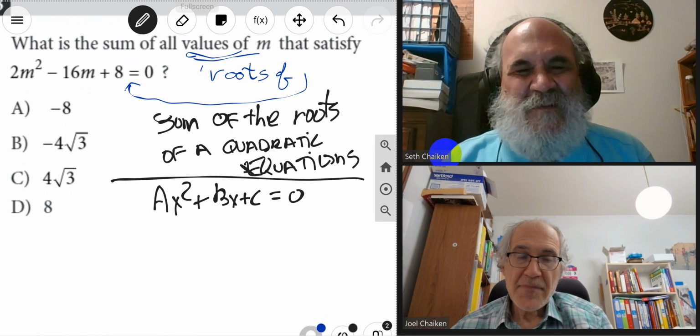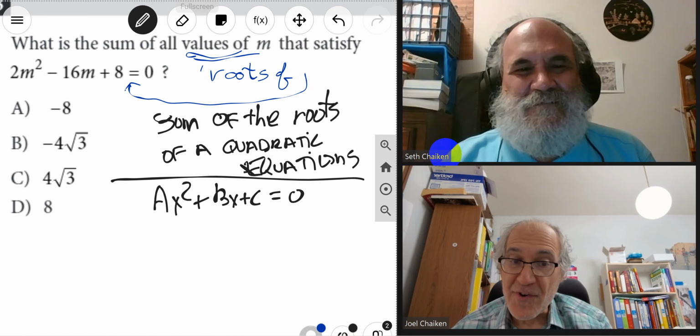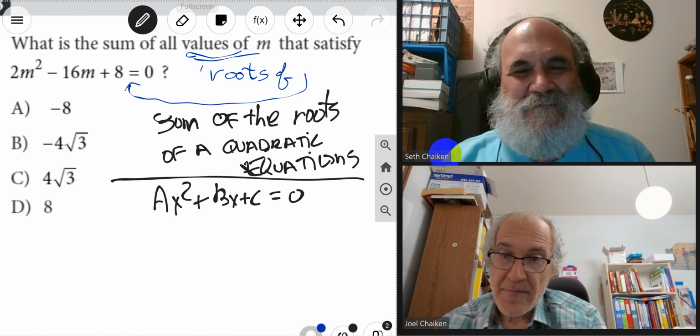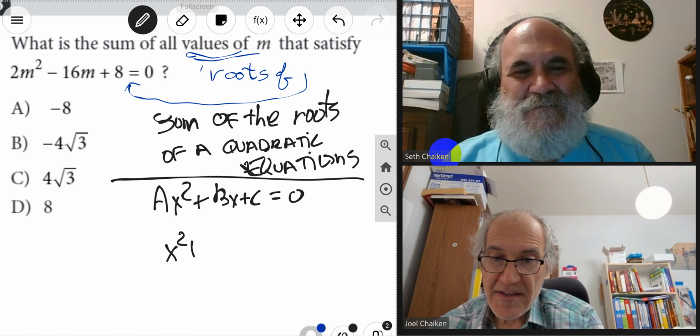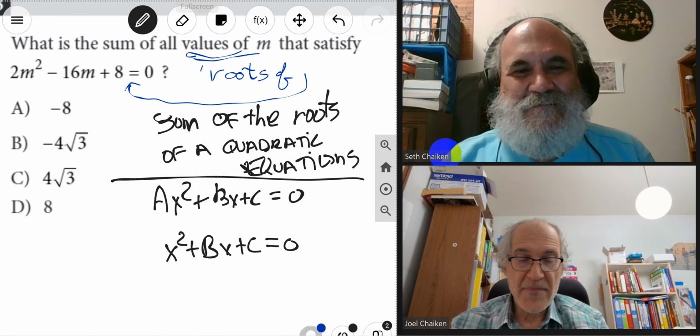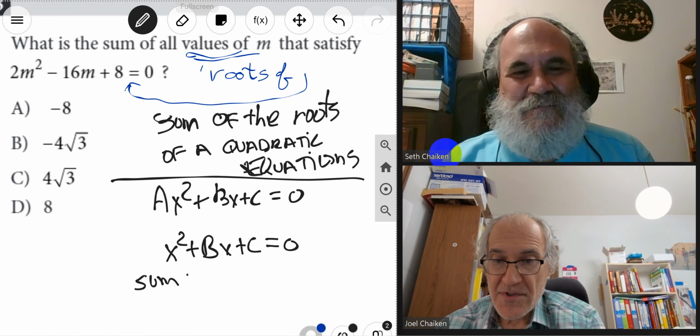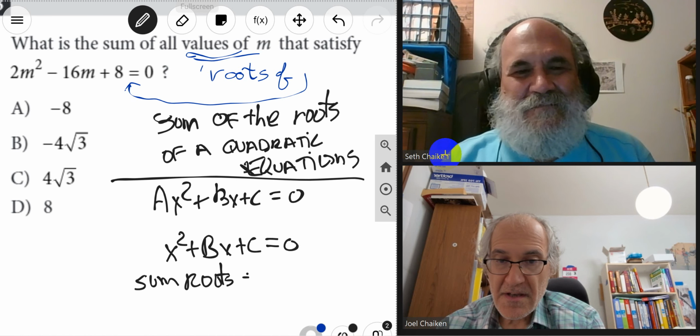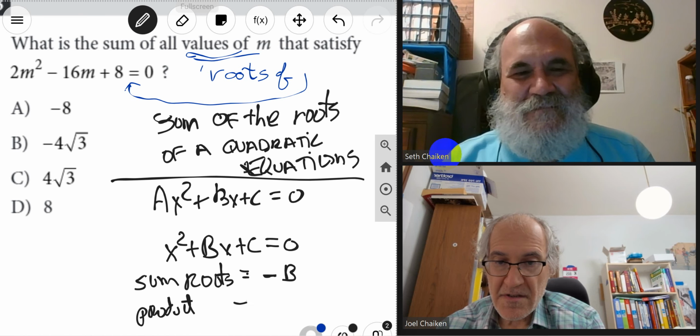I don't like to memorize formulas, so I prefer to remember it this way. If you have an equation like x squared plus bx plus c equal to 0, the sum of the roots is negative b, and the product of the roots is c.